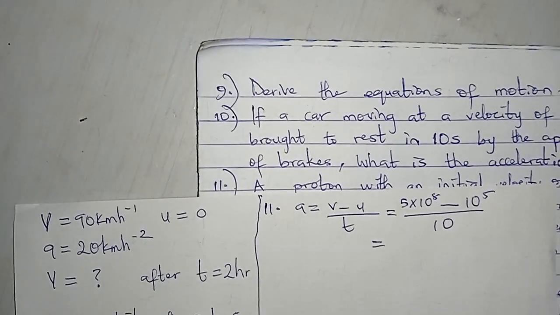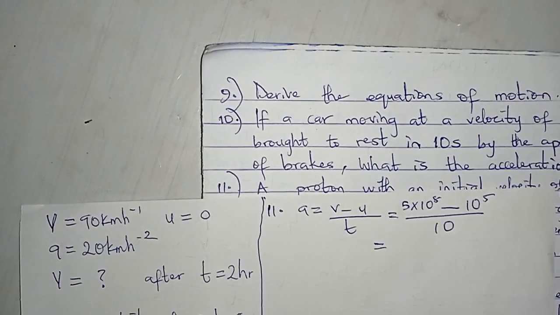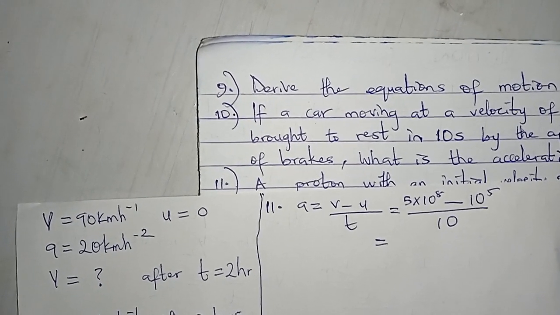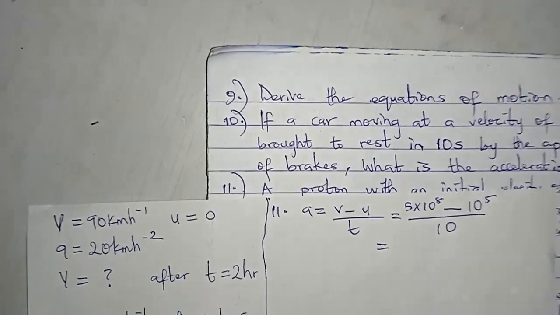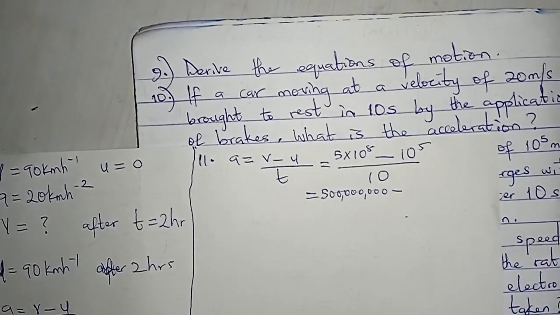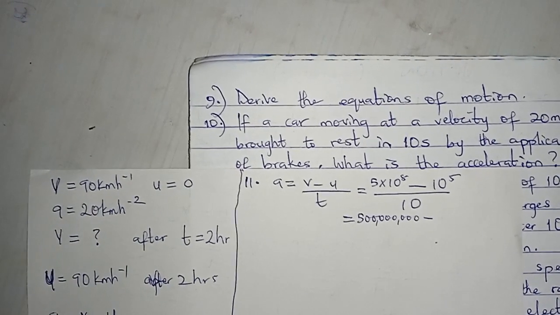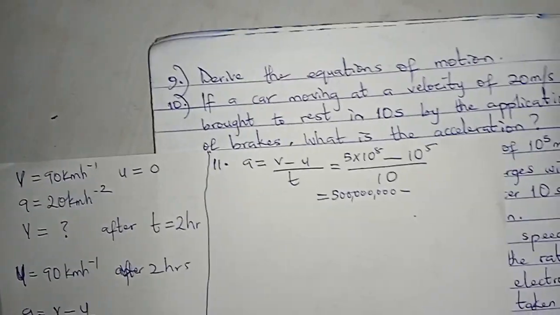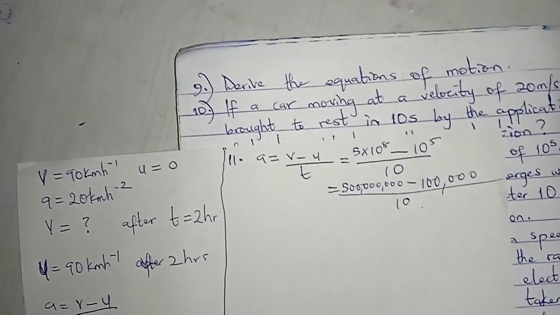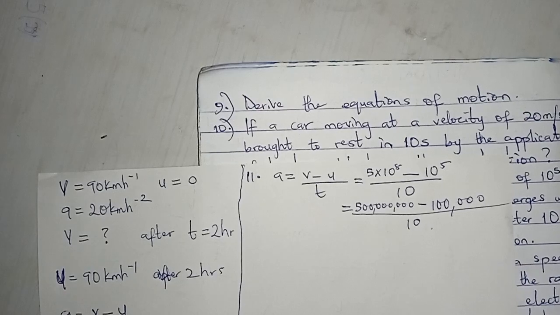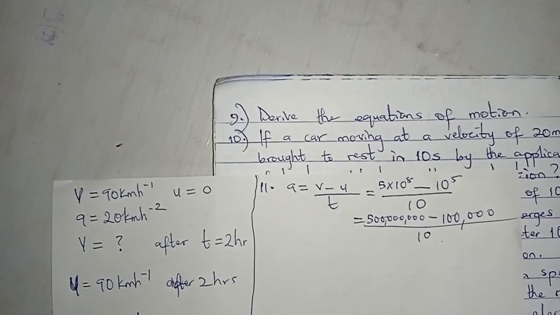This is 500 million. Then minus 10 raised to 5, which is 100,000, all over 10. So let's do 500 million minus 100,000.